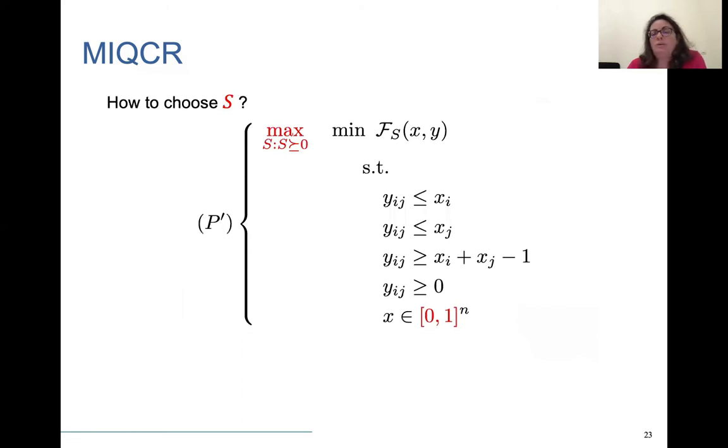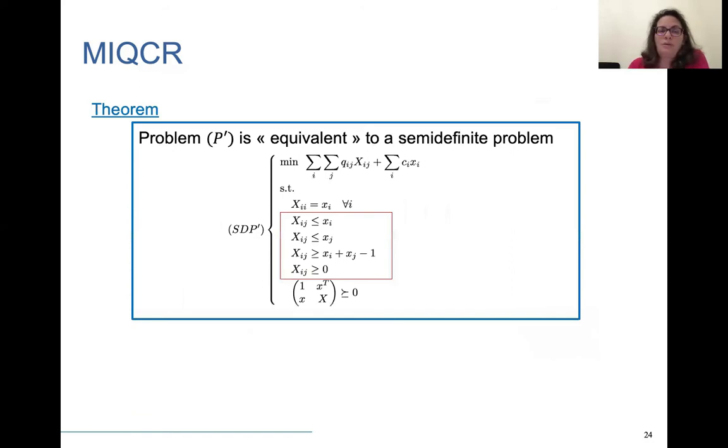So now the new question is how to choose matrix S in such a way that the continuous relaxation bound is as tight as possible. We have here the same problem, and the theorem can be extended to that case.